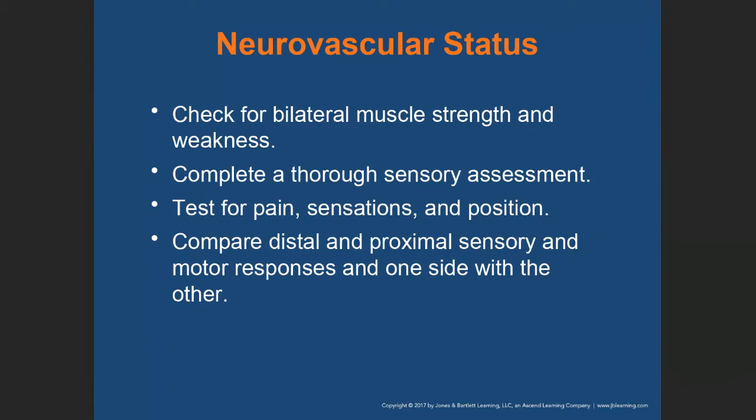When you're doing a pulse check in your neurovascular assessment, all you're checking is to determine if there is circulation still going to the limb. You're not interested at this point in the rate or whether it is strong. You just want to know, is there circulation still flowing to that limb? That's a neurovascular pulse check.